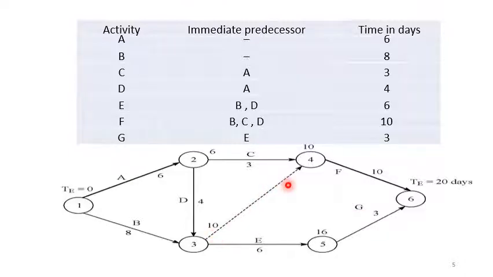So this dummy activity is introduced so that all the precedence relationships are satisfied. How you read a particular network is already explained in the previous video. This network diagram is a representation of the condition given in the table.